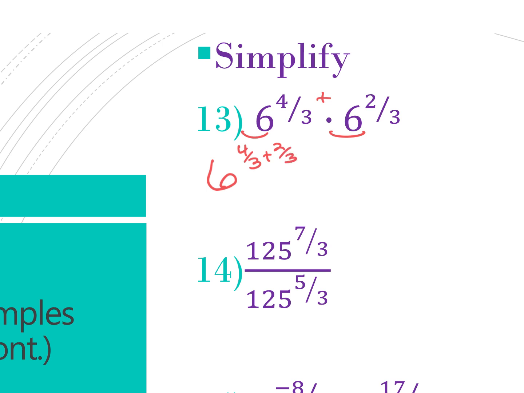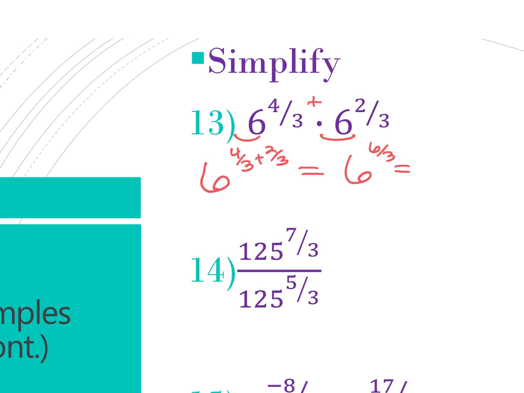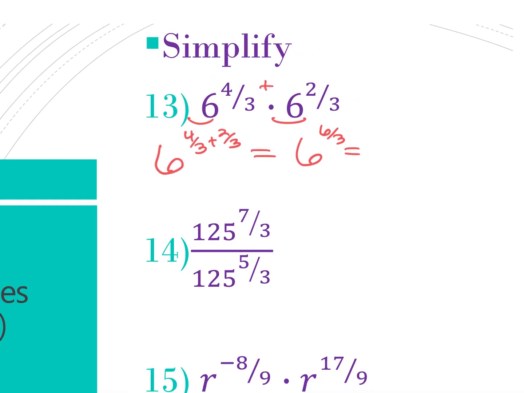Whenever you add fractions, you need to find a common denominator. It already has a common denominator, so I'm just going to add the numerators. 4 plus 2 is 6, so I get 6 to the 6 over 3 power. I could simplify that exponent. 6 divided by 3 is 2, so 6 squared, and my answer is 36.